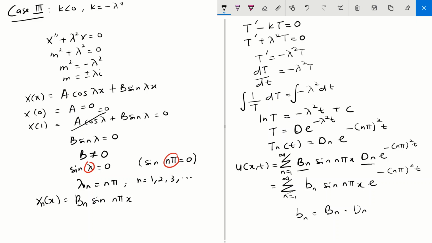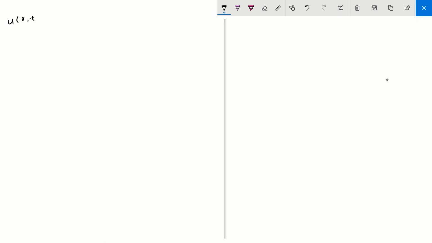So u(x,t) is equal to the sum from n equals 1 to infinity of bn sine(n pi x) exponent minus n pi squared t. The initial condition says that at t equals 0, the function is x.